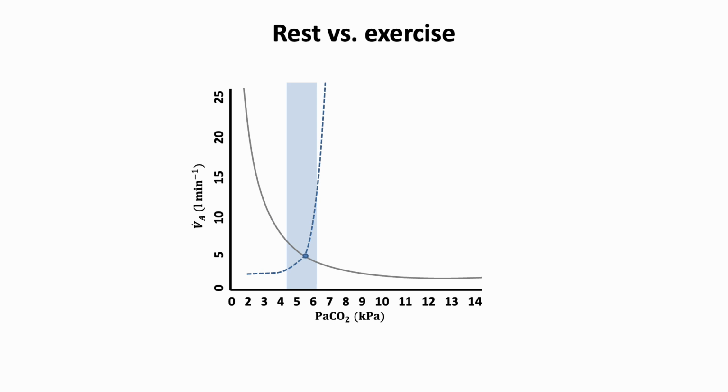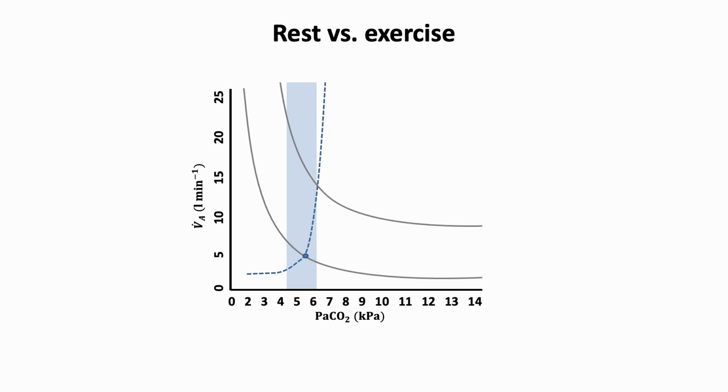What happens during exercise? Well, during exercise, PaCO2 is actually kept relatively constant until the lactate threshold is reached. And let's see how that can happen. Well, when you exercise, you increase metabolism, and that actually means that the alveolar ventilation curve is shifted to the left in this manner, which I also showed you before.